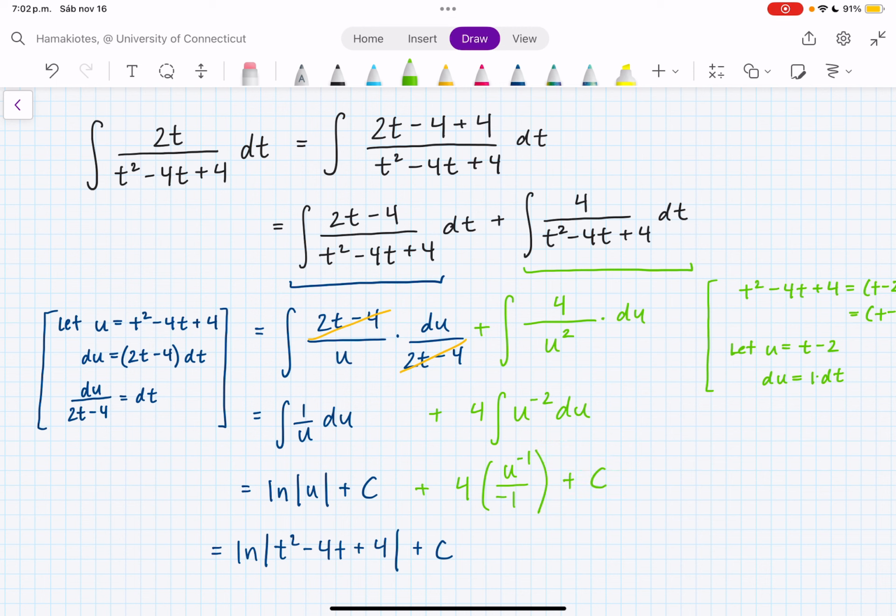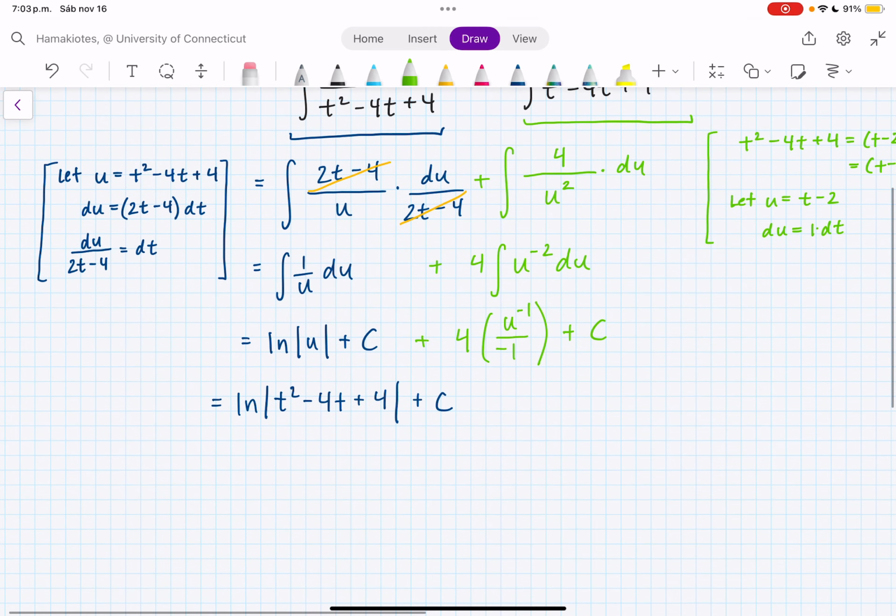And so now we can plug in our value of u, which is t minus 2, over 1. Since we have u to the minus 1, that's the same as 1 over u. So we can rewrite this as 1 over t minus 2, and that minus sign is there, but we can also take it outside.